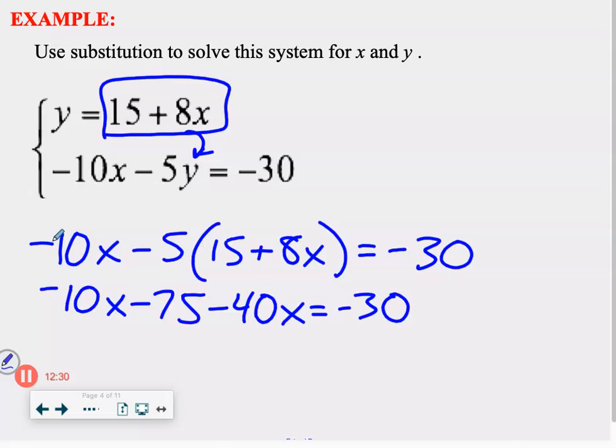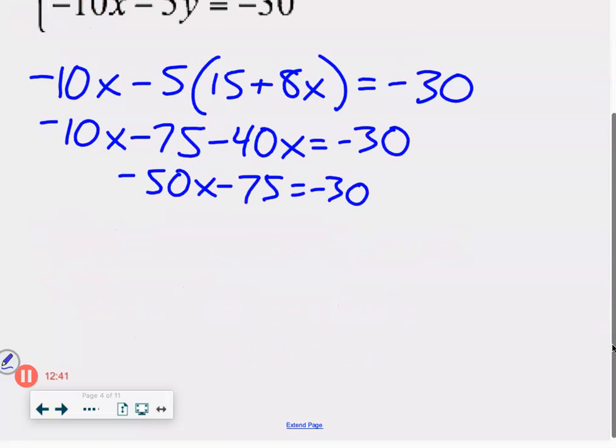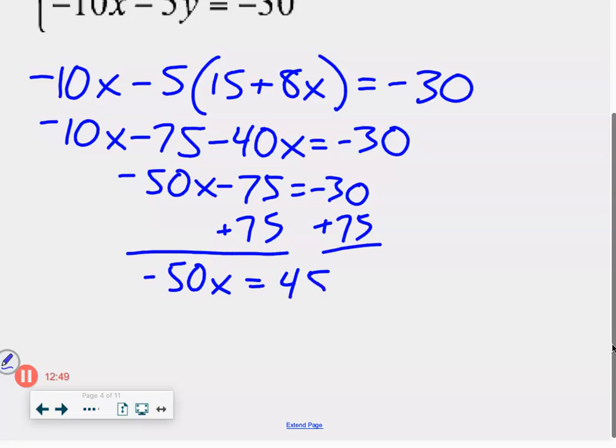They're on the same side, so you just combine them. You get negative 50x minus 75 equals negative 30. If I add 75 to both sides, I get negative 50x equals 45.